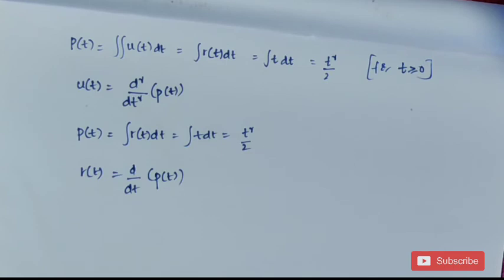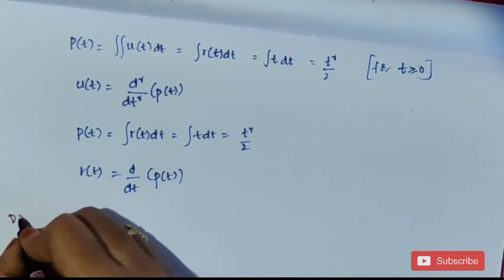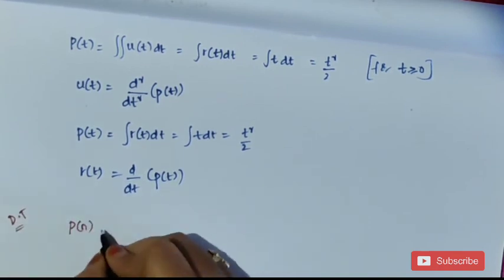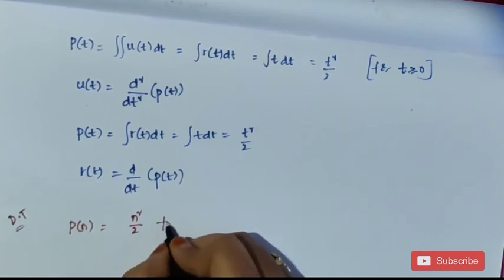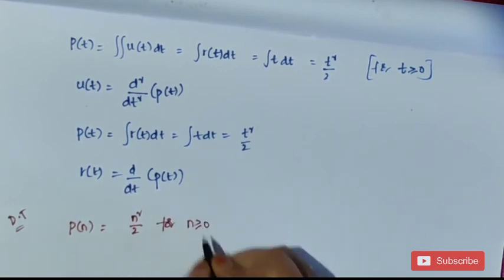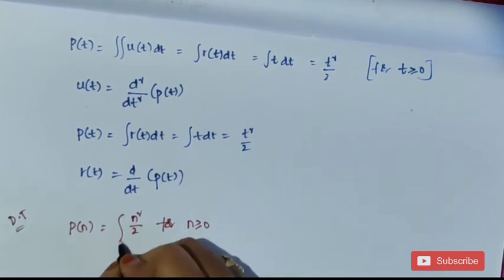In the same way, let us see the discrete time unit parabolic function. The discrete time unit parabolic function is denoted by P of n. It is written as P of n is equal to n square by 2 for n greater than or equal to 0 and 0 for n less than 0.